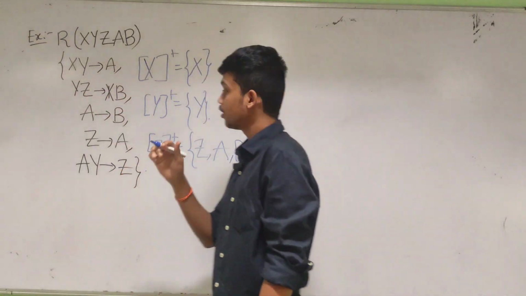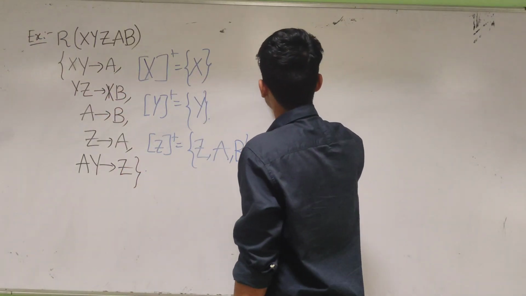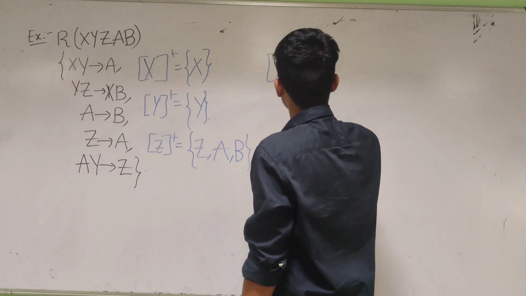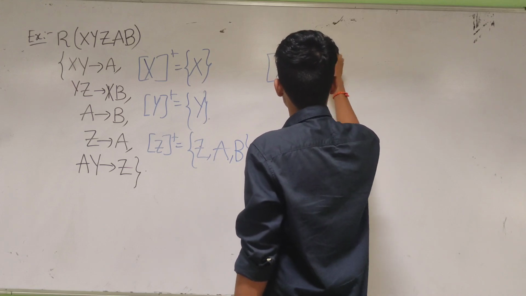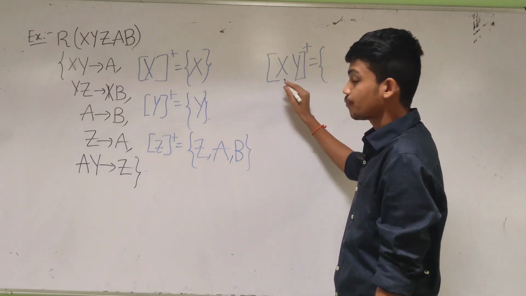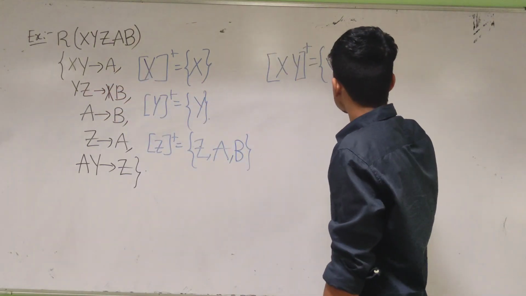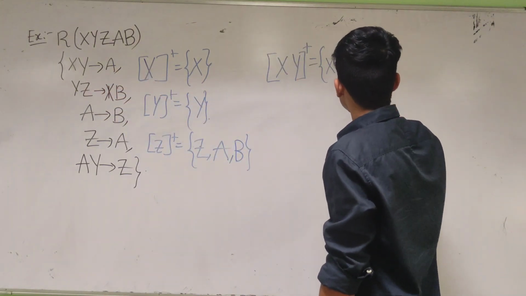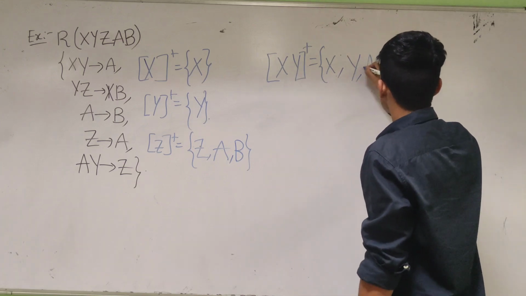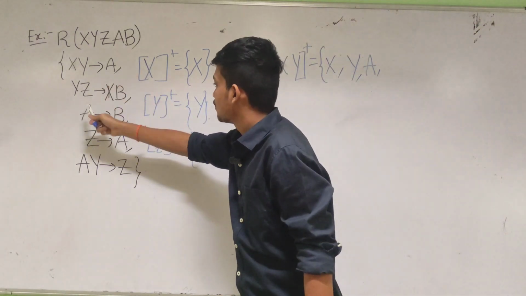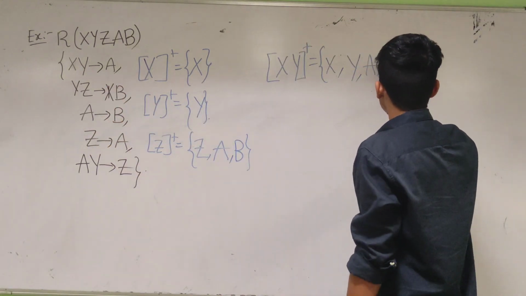Now I am doing the XY closure. From the XY closure, what can you get? Look here, XY will derive A, so anyhow XY will come. XY will derive A. From A we can derive B, so B will come.